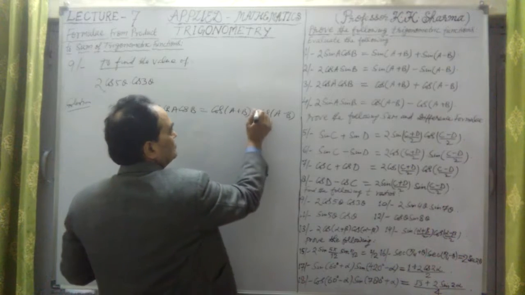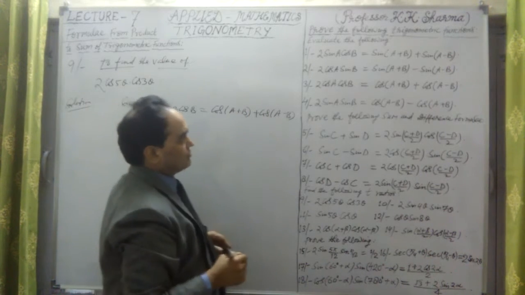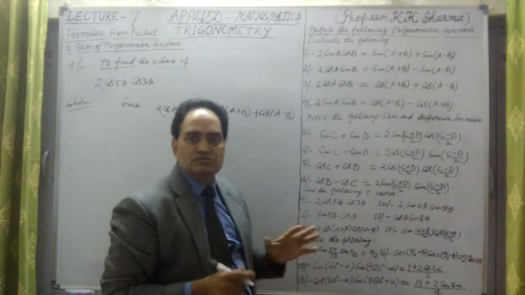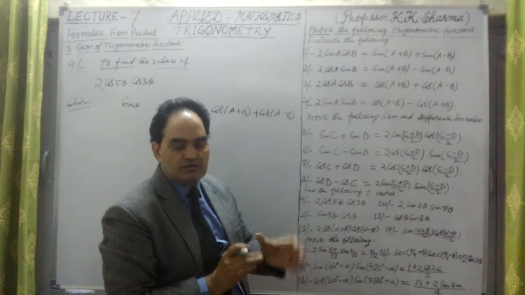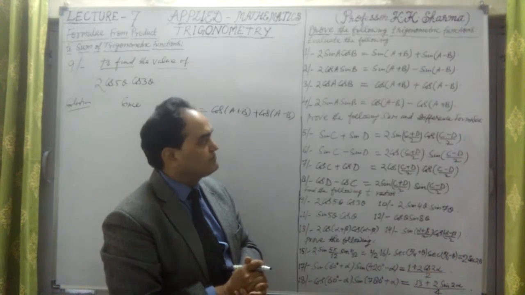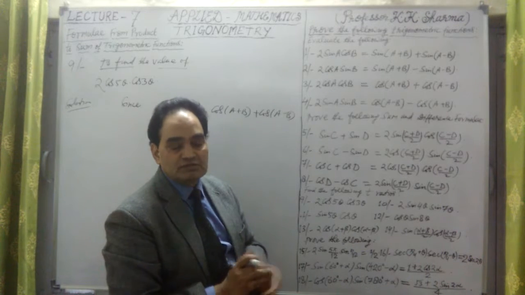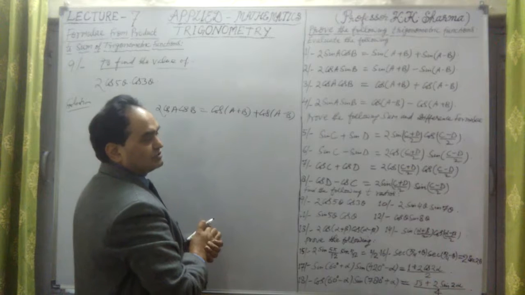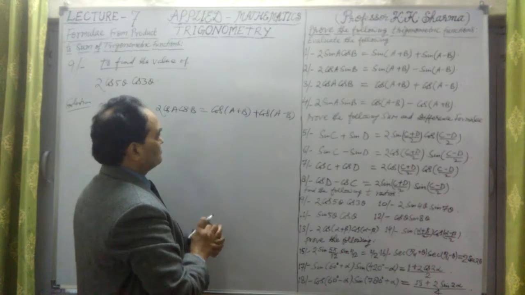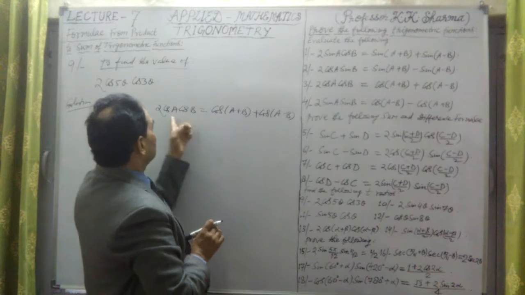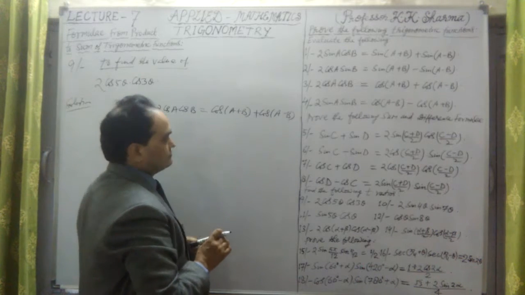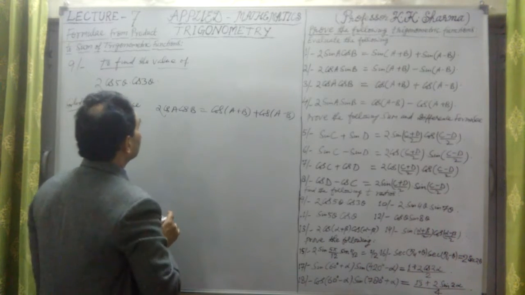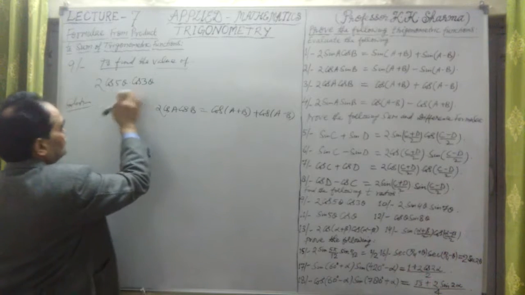Sorry, this is a plus sign, not minus. From the third formula we have to just add them. When we add, the second part will be eliminated, and 2 cos A cos B comes out. So this is a plus sign.